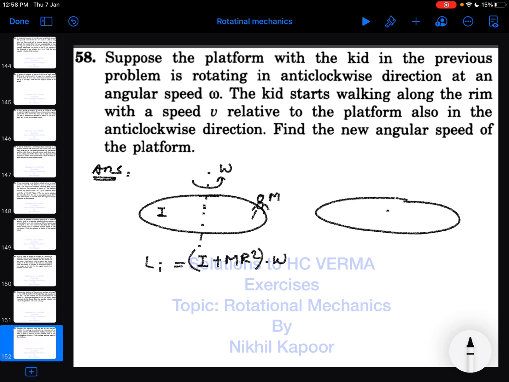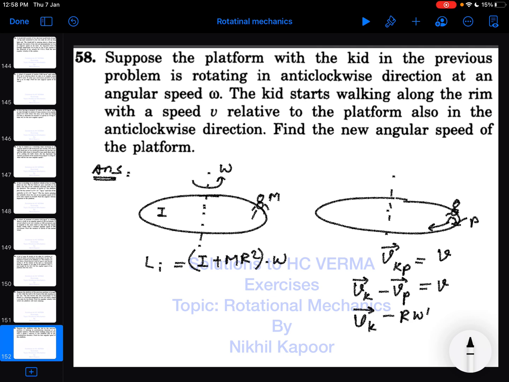Now as the child starts walking along the platform, the velocity of kid with respect to platform is given, that is v. So that would be velocity of kid minus velocity of the point on the platform, which is v. Now velocity of this point on the platform is basically r omega dash, where omega dash is the final speed with which the platform is rotating.